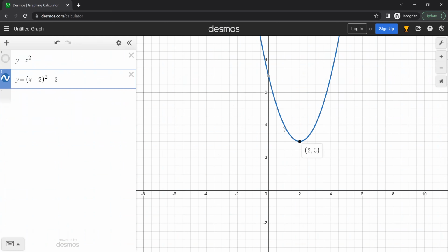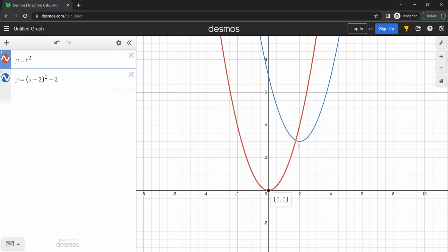Do you remember what that's called? The vertex. So the vertex is 2, 3. The vertex of the original is down here at 0, 0. Did the vertex move 2 to the right and up 3? Yeah, it did. So that's how you confirm whether or not you've got it correct.